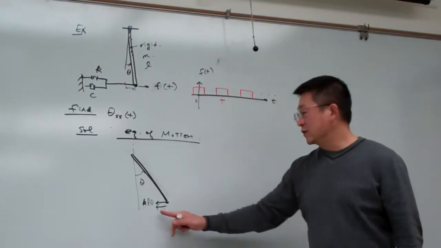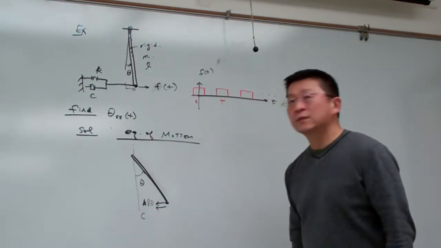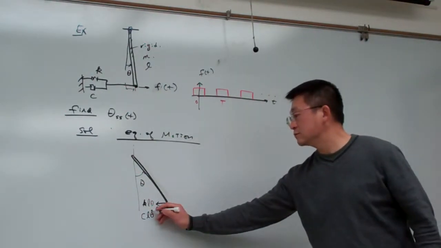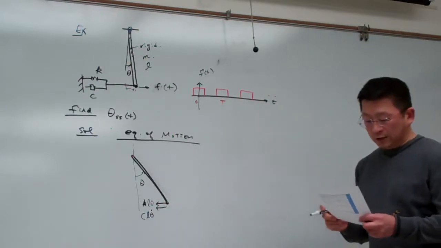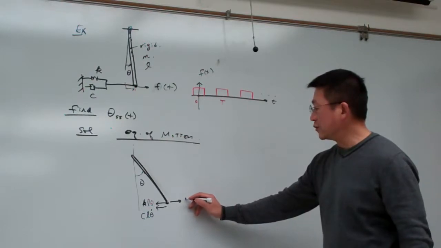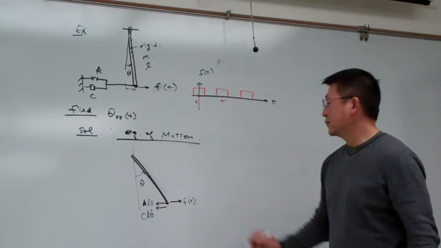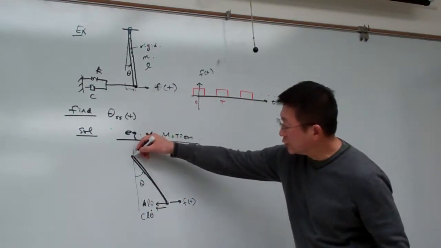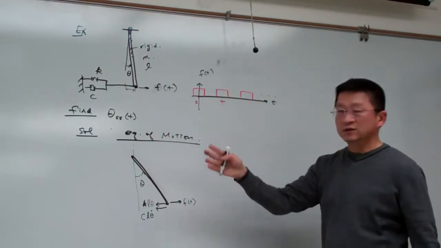In a similar way, the force from the damper is C times velocity, C L theta dot. In addition, we have an externally applied loading, which is F(t). That is the total force applied to produce a motion, which is a swing.